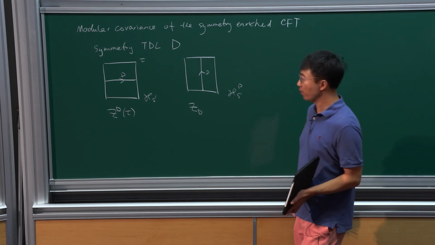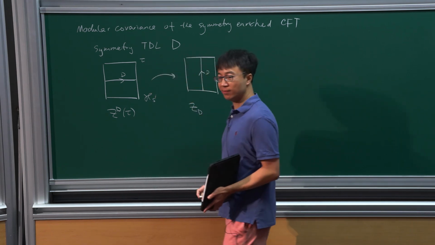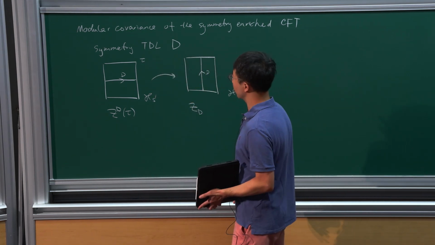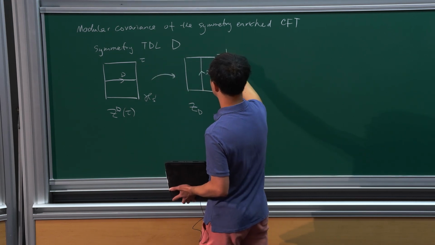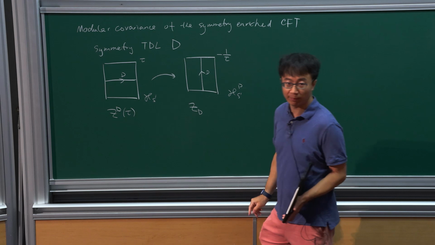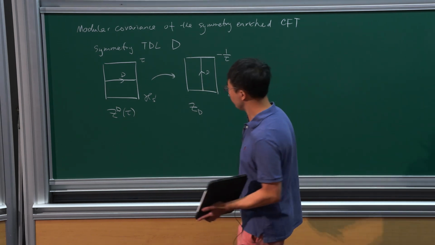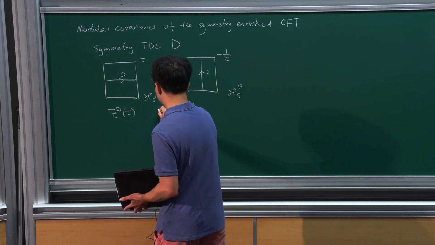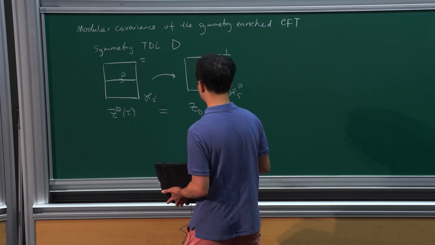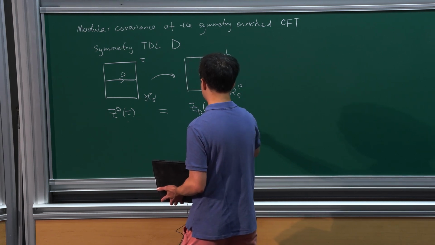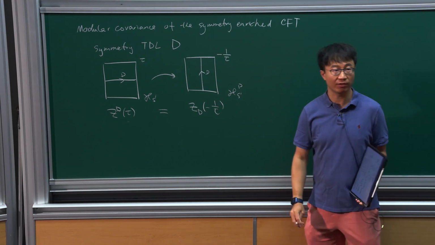And we learned from the previous lectures that these two configurations are related by a large diffeomorphism, which can be thought of as a combination of the transformation on the tau parameter, sending tau to -1 over tau, combined in general with the Weyl transformation. In the absence of Weyl anomaly, this leads to the relation that the torus partition function with the defect line acting in the spatial direction is equal to the torus partition function with the defect in the temporal direction up to a change of the modulus parameter.